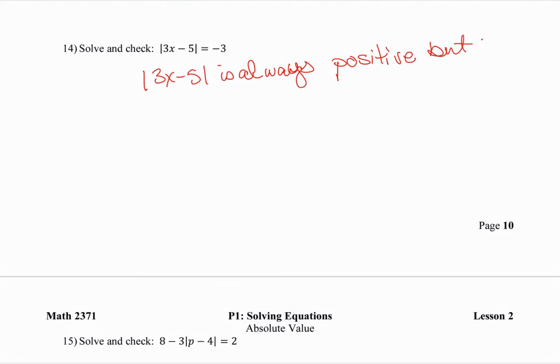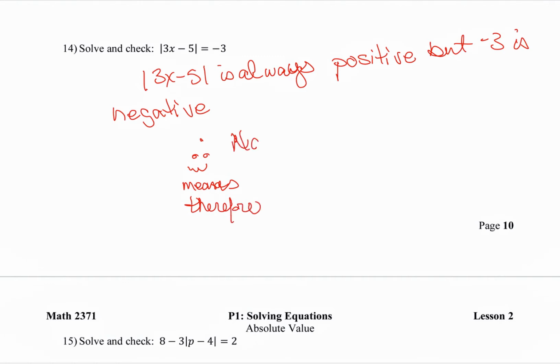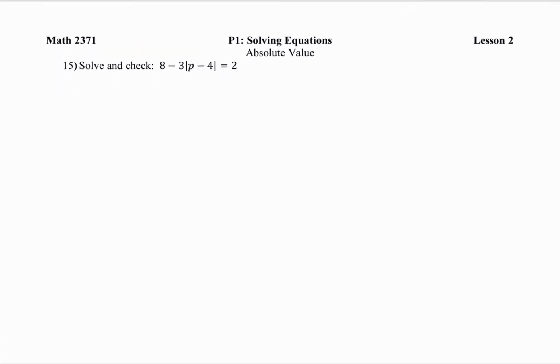But negative 3 is negative. Right? Therefore, and these three symbols right here mean therefore, there is no solution. That's it. There's no solution. That was just to see if you understand what absolute value means.